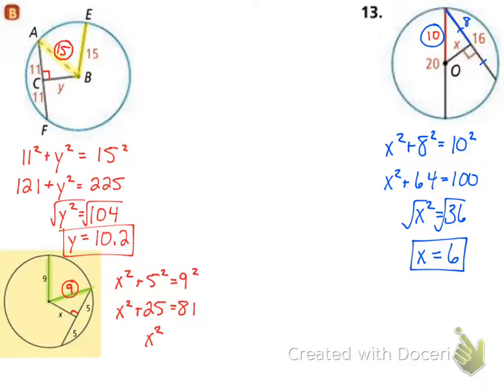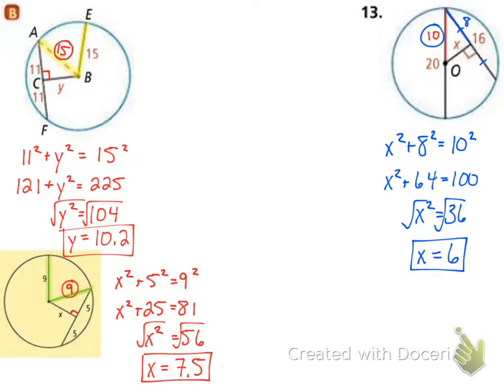So x squared is equal to 56. I can then take the square root of both sides, and that gives me that x is equal to 7 point, so it's going to round up to 7.5.